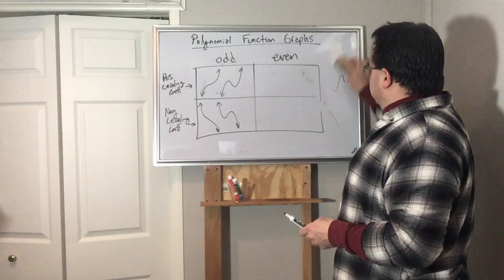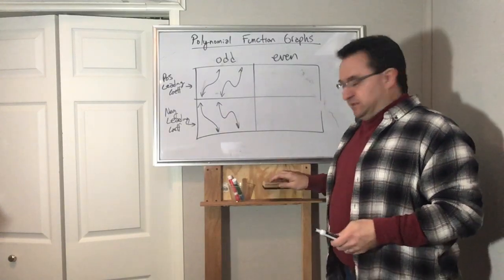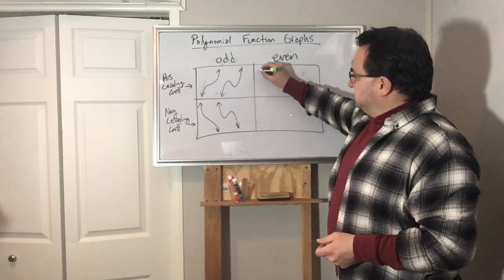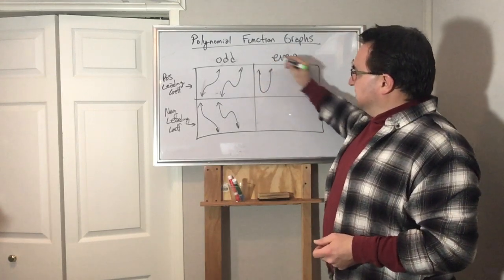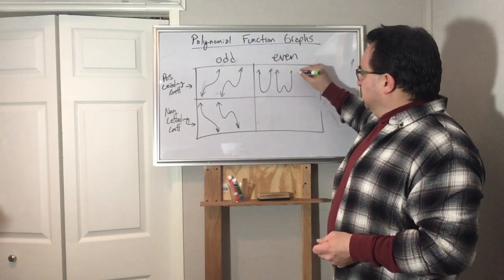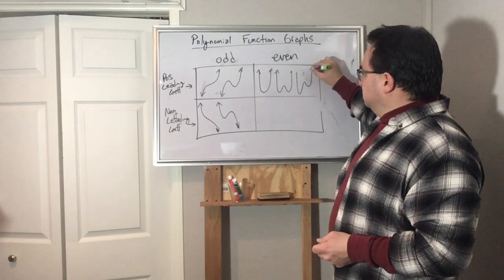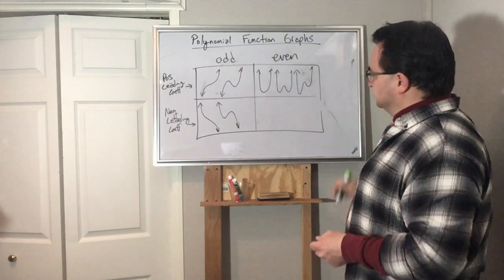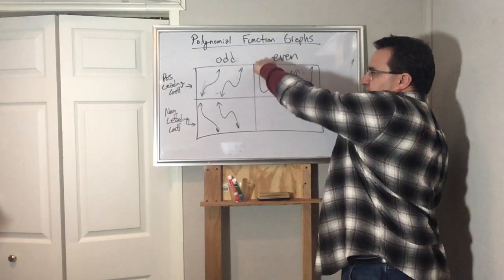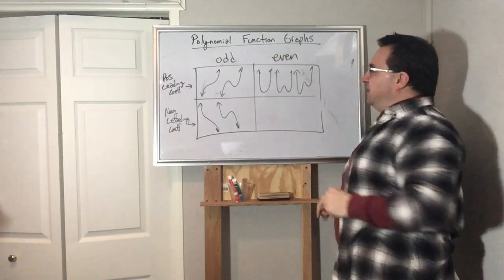Now for the even ones, those are either parabolas or modified parabolas. So if it's a positive leading coefficient, it looks like a parabola, or it could look like a W shape or a skewed W shape. Could have multiple squiggles in the middle. Basically, if you think of this as a string I was holding up and I picked up the middle, see how it would do that?